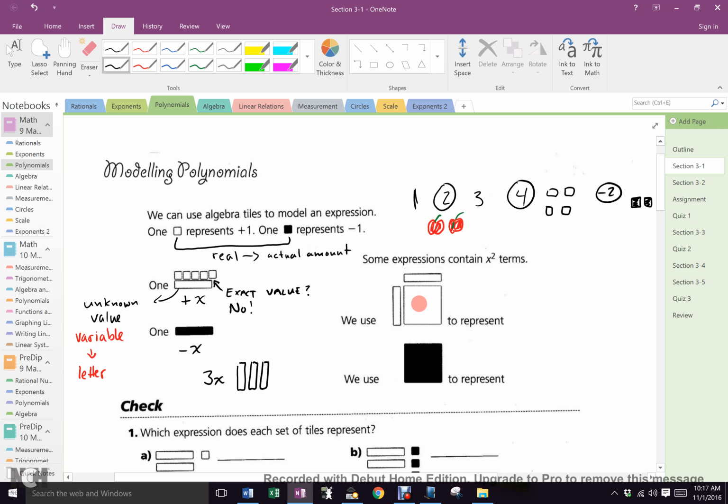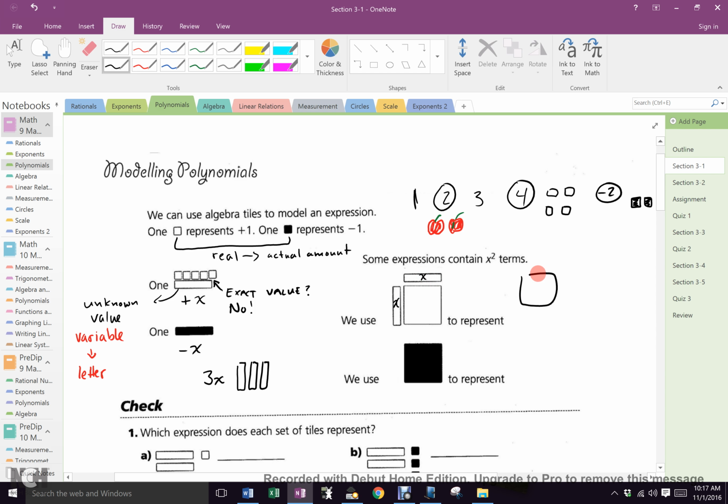Now, what about this guy? How long is this? X. How long is this? X. Now, you guys, we've already done this, haven't we? If we have the same thing on both sides, we make a square, don't we?